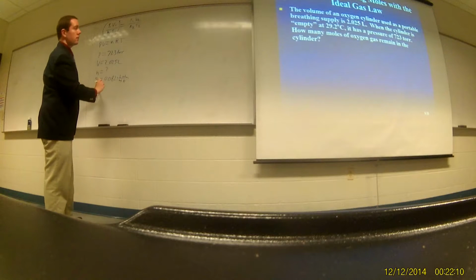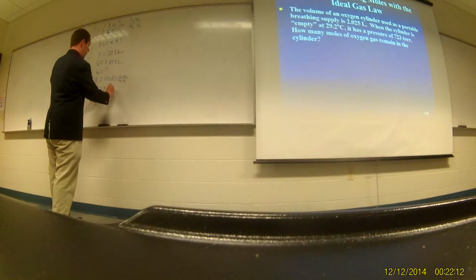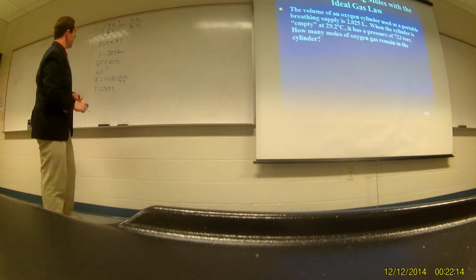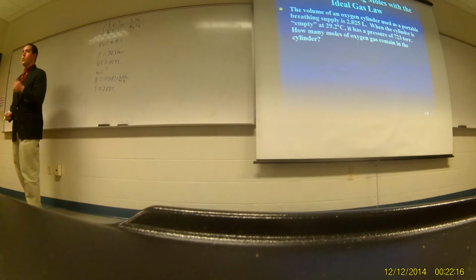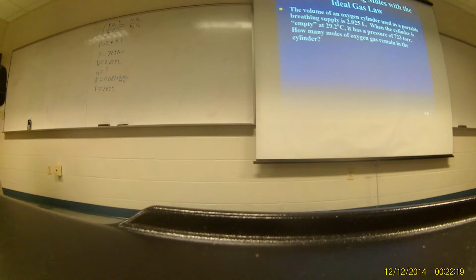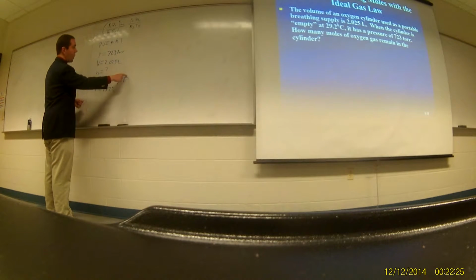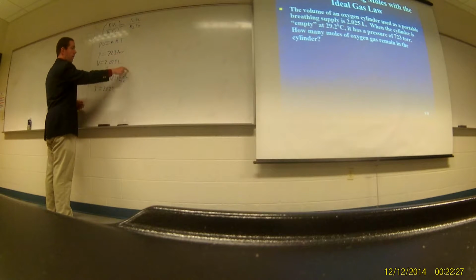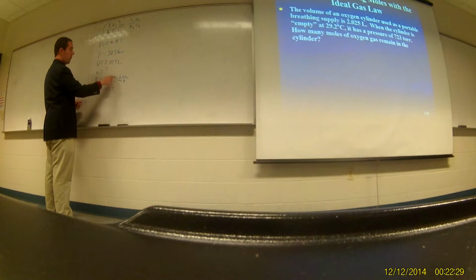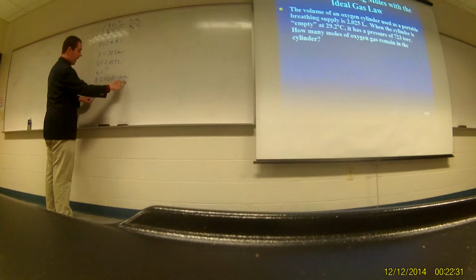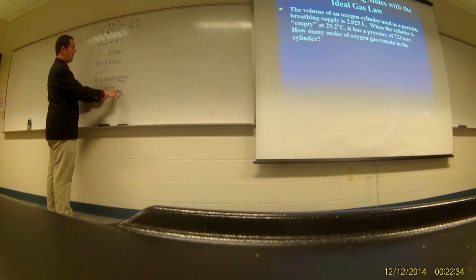Temperature is 29.2 degrees Celsius. Which ones do we need to convert? Pressure and temperature. We need liters, atmospheres, we're in torr, so we have to convert that. Moles, that just means we'll get moles out. And Kelvin, we need to convert temperature to Kelvin.